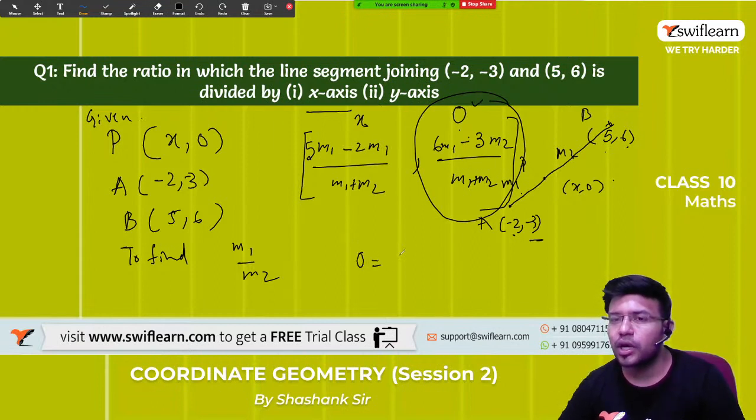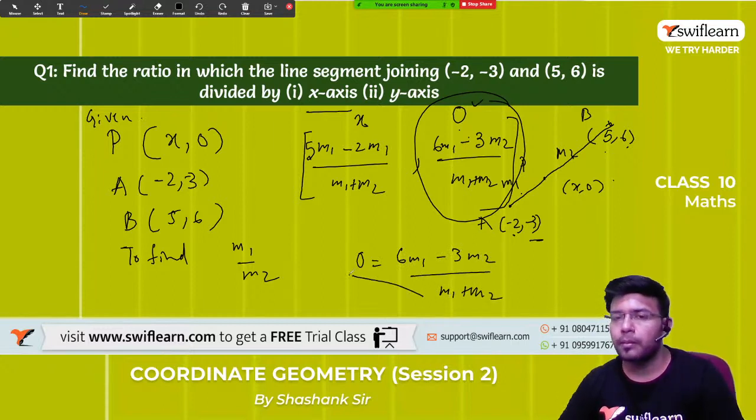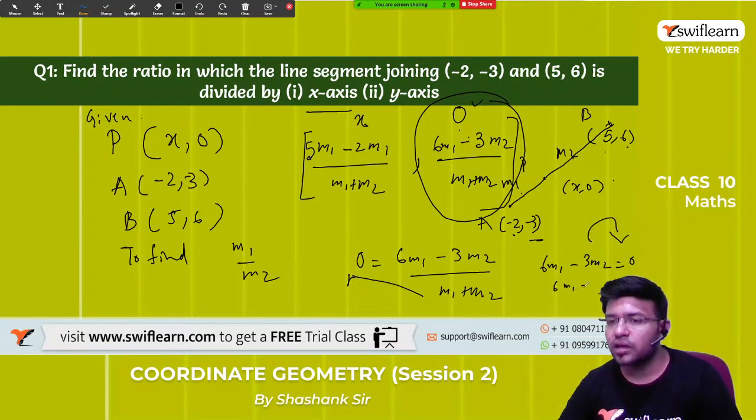0 is equal to (6m1 minus 3m2) divided by (m1 plus m2). Multiply by m1 plus m2, what do we get? This is 0, so we are left with 6m1 minus 3m2 equal to 0. Take this to the other side, we get 6m1 equal to 3m2.